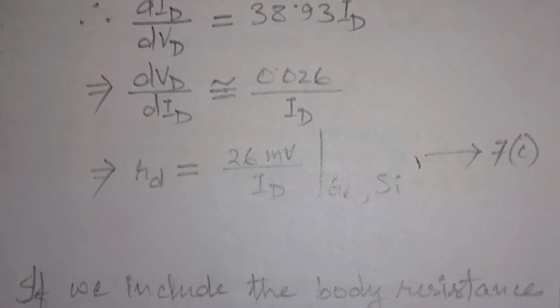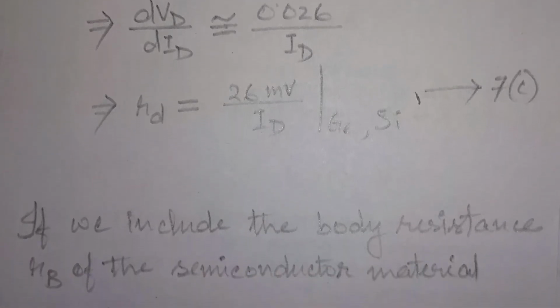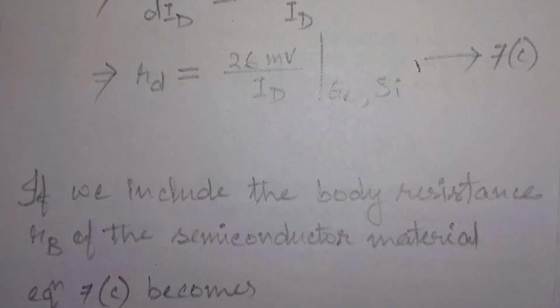From equation 7c, it is clear that there is no need to have the characteristics, or to draw a tangent for finding the value of RD.